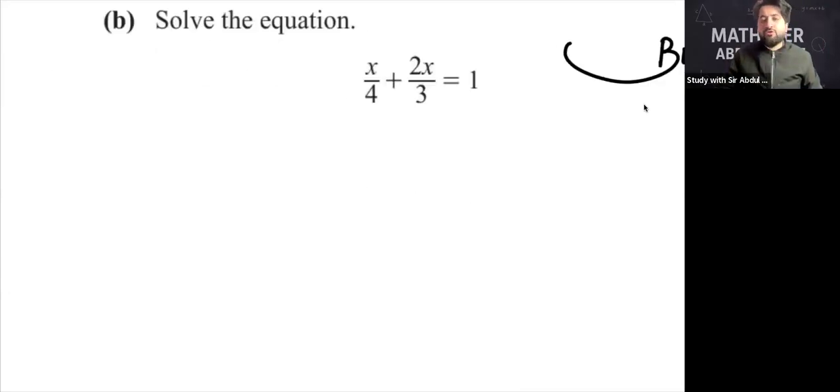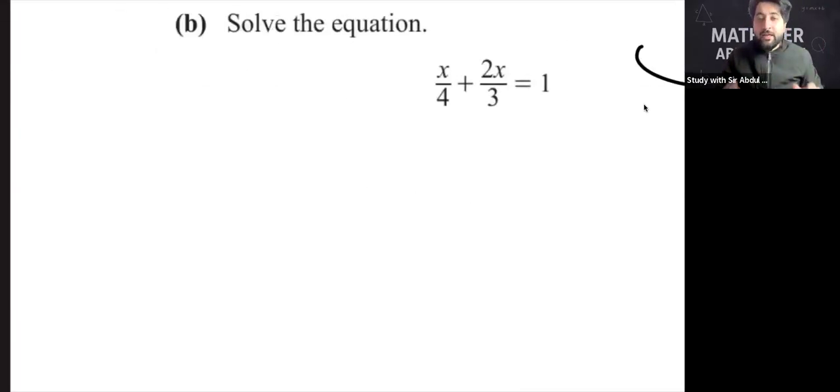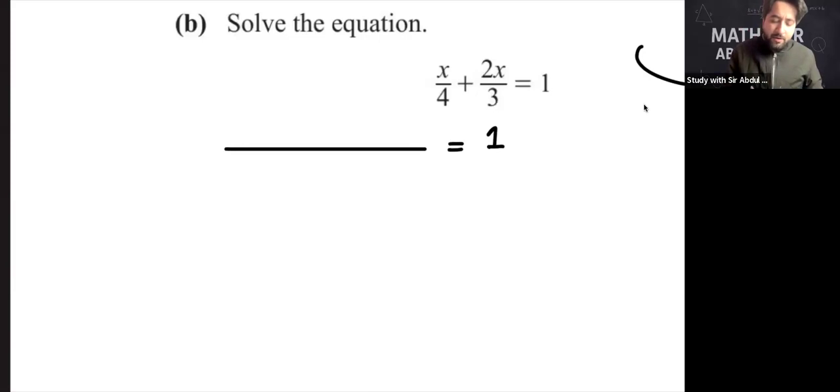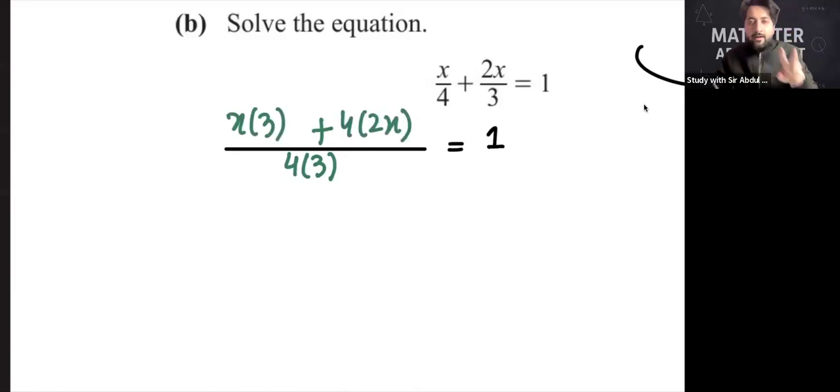Now see that? I'm going to solve this equation right in front of you, and I will be just doing the butterfly method. Okay? So what I'm going to do is, because it's addition of fractions, this 1 is waiting here for a while. Agree? I cannot do anything with the 1 because the left side is having two fractions. So let me multiply the denominators. 4 times 3 plus x times 3 plus 4 times 2x. See, I had two fractions and now I have only one.